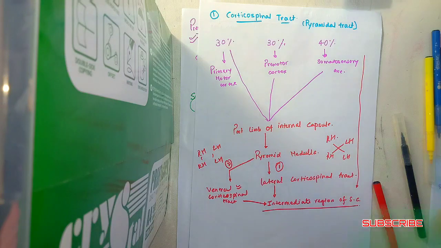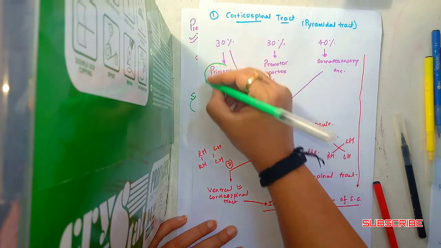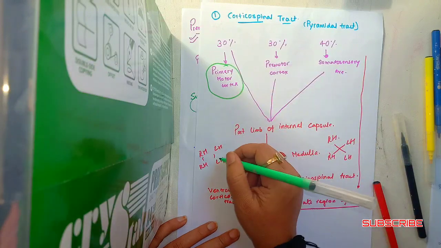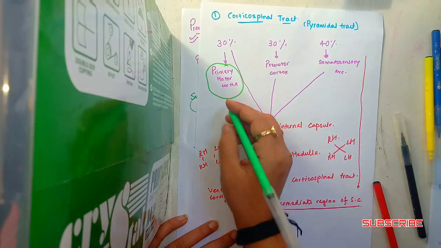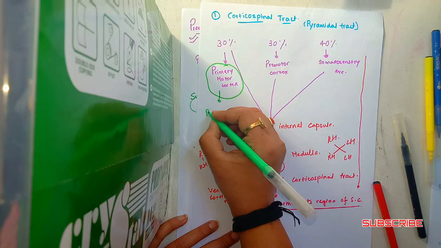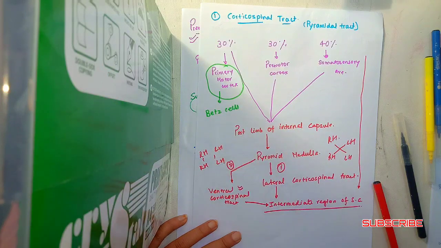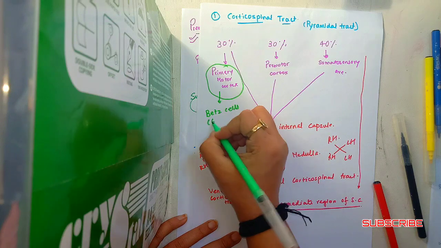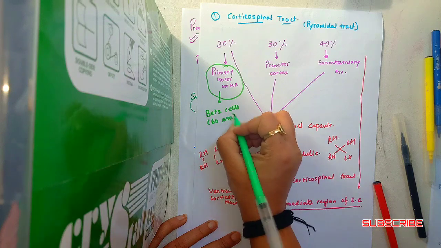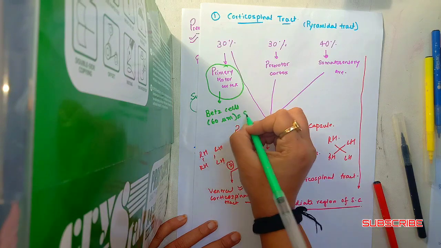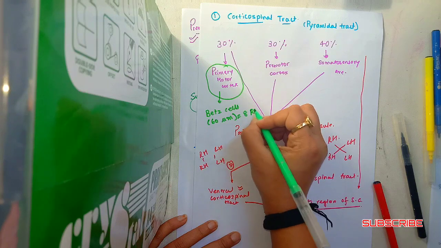And the most important, only the primary cortex consists of special cells which are known as beta cells. These are very large cells with a diameter of 60 micrometers, equal to 8 RBCs.